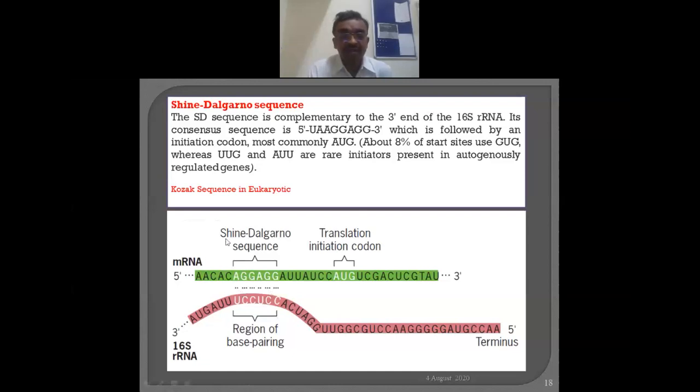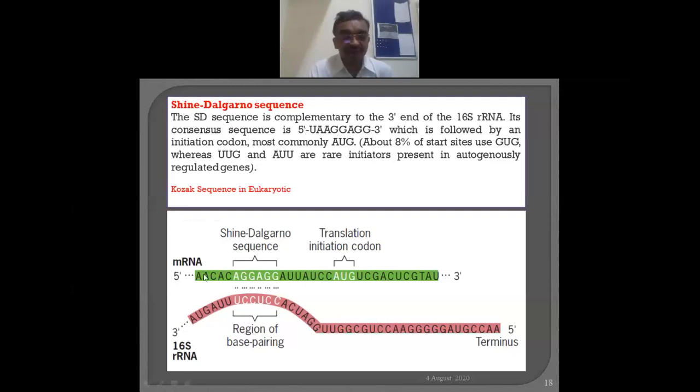Now keep in mind this SD sequence, or Shine-Dalgarno sequence, is different for different organisms. Means in different organisms the sequence might be different. Here you will also find different concepts. But many times the sequence, from the 5 prime end, is UAAGGAGG. But modifications are also there. But the majority of the time, this is the sequence.